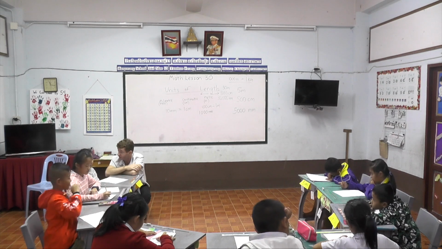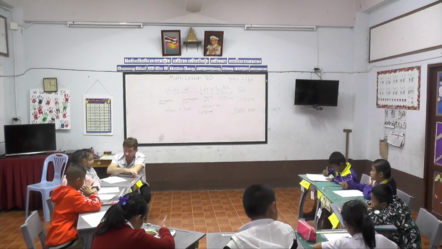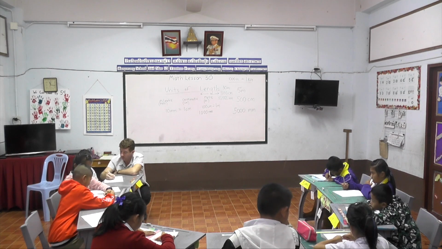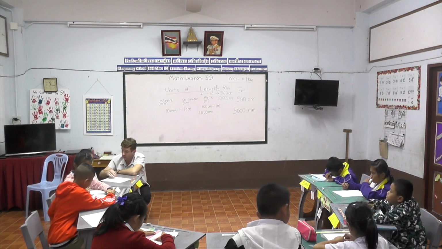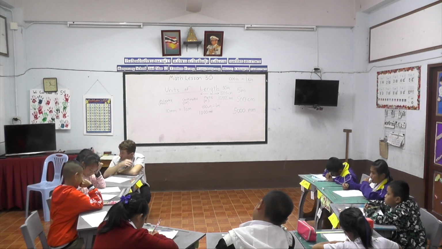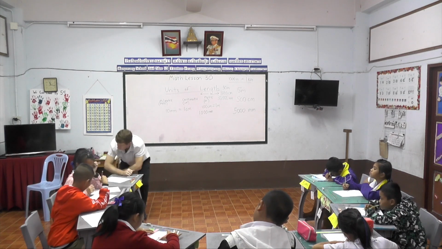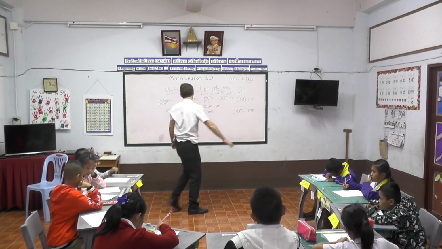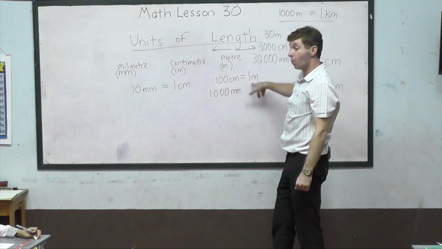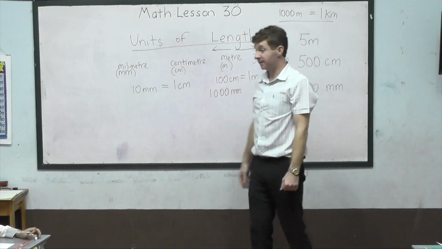You put no, not the same. Because it should be 1 meter. You see? So you were right to put no. Excellent. Here we have 100 centimeters is 1 meter. Okay.